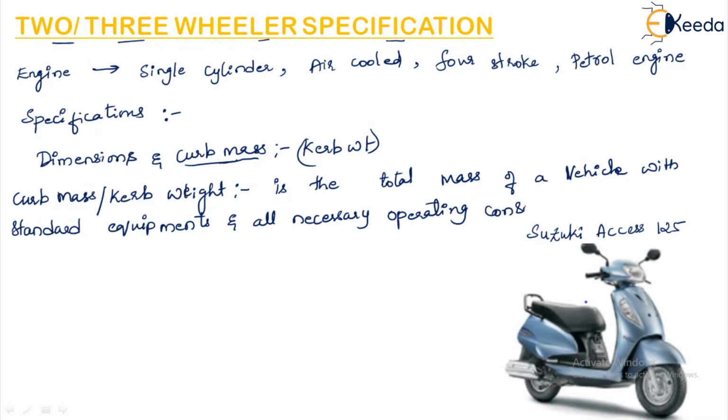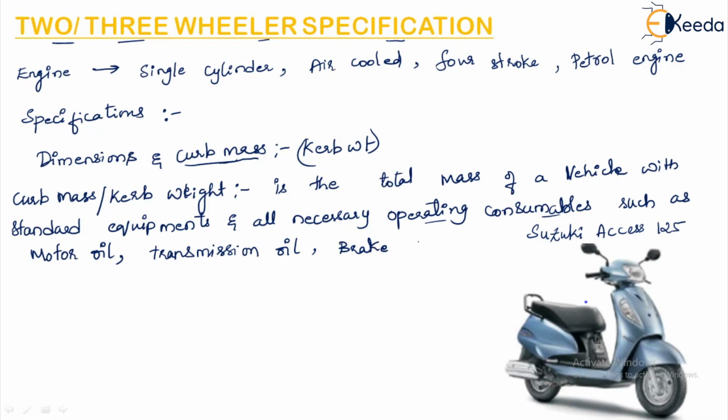So oils are very necessary for operation of a particular vehicle and these oils are consumable. So I am saying operating consumables such as motor oil, transmission oil, then brake fluid, etc. So this is the curb mass.